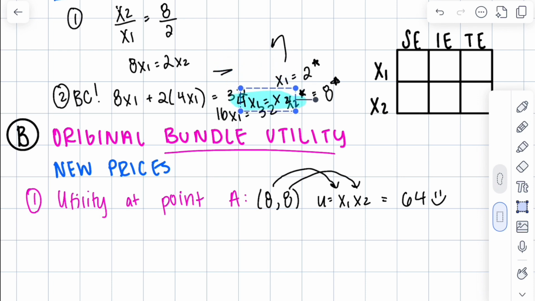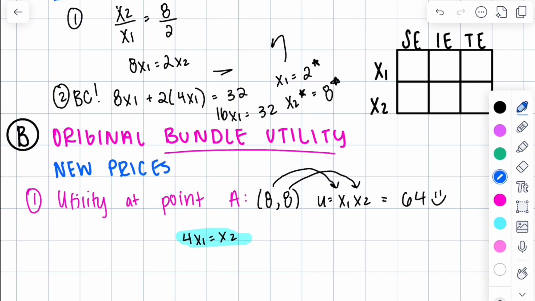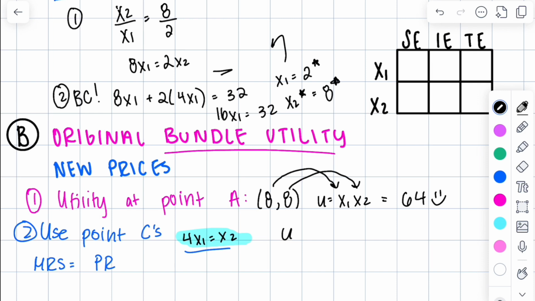So I'm going to bring this down here because this is important to me. Step 2 is we're going to use point C's MRS equals price ratio, which is just what we simplified here. And so now I can plug 4x1 in for x2 into my utility function.